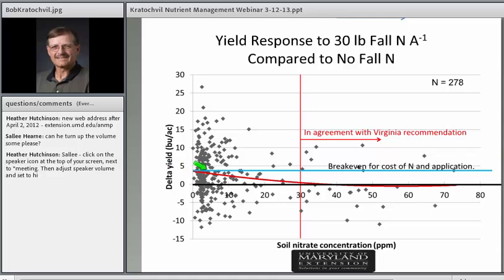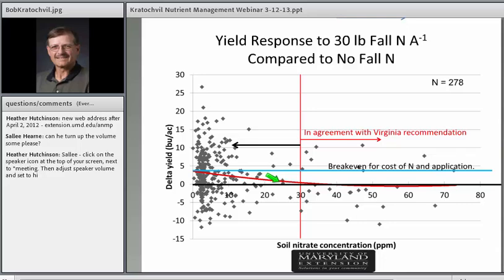This red line describes Virginia Tech's current recommendation, and they recommend if you have greater than or equal to 30 parts per million residual soil nitrate, you do not need any fall nitrogen. If you're less than that, then they recommend the use of some nitrogen in the fall.